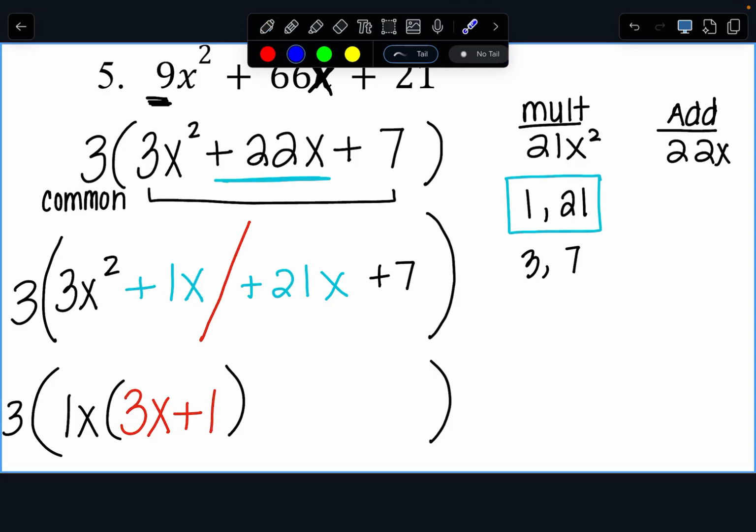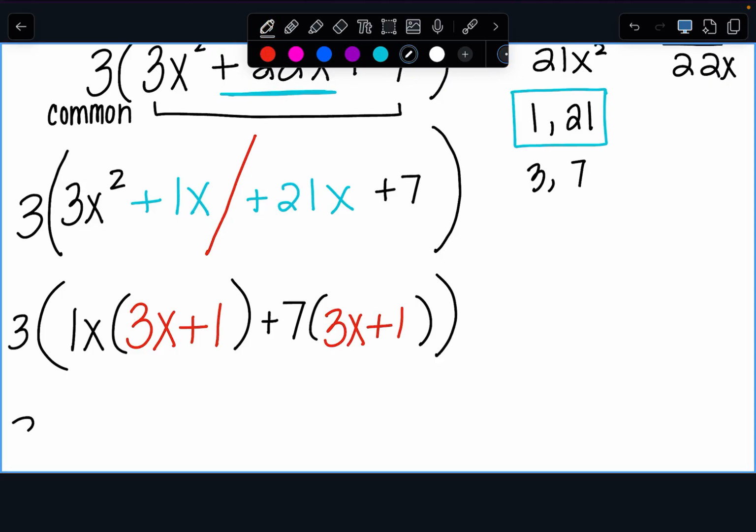What do these second pieces have in common? A positive 7 goes into both. And when we divide them both by a positive 7, we're also left with 3x plus 1.